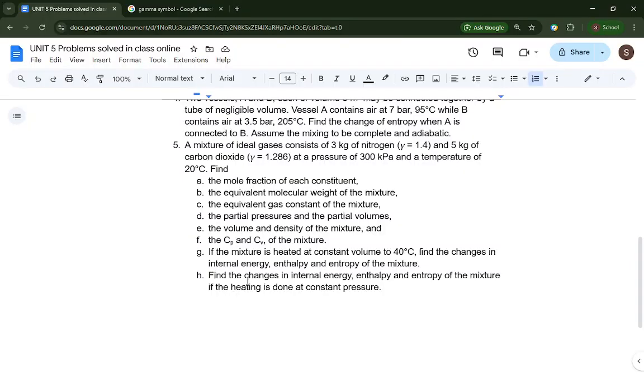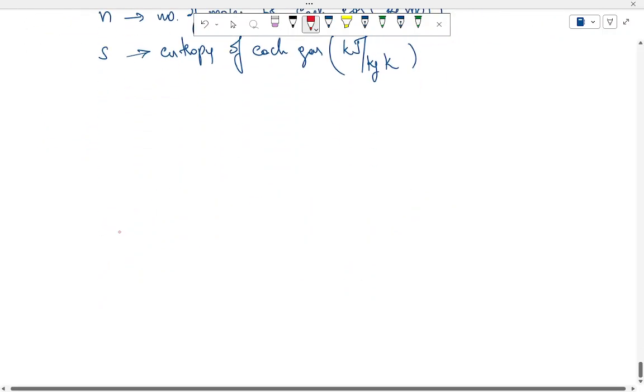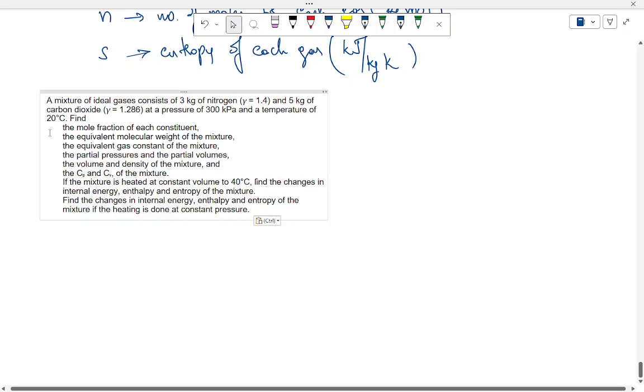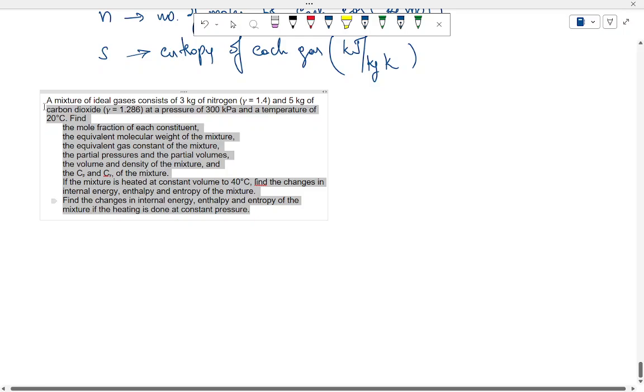Now, based on this, we will solve a problem here. So let us take up this problem and solve it. For the various formulas that we have here, this problem will be of great help for us.